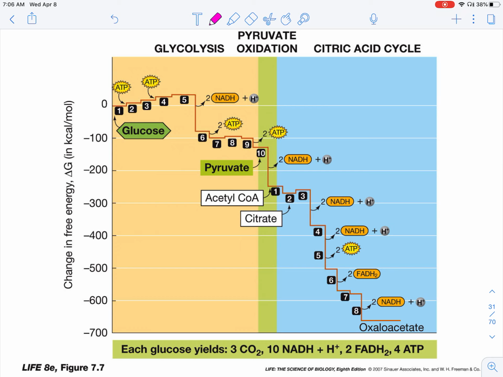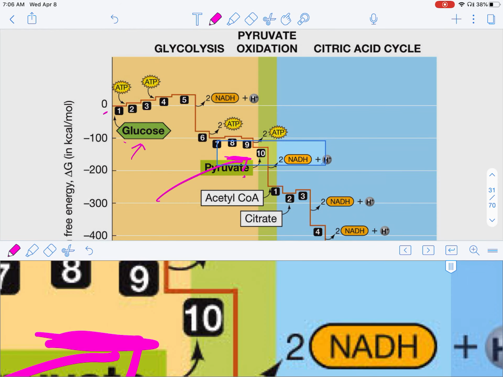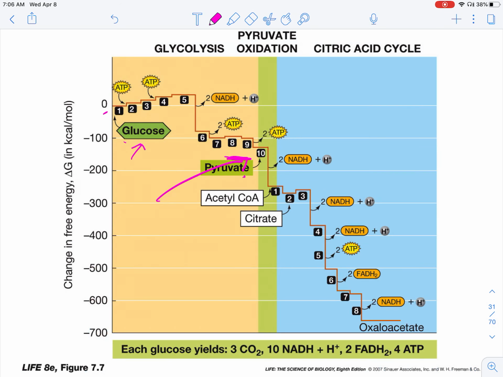And if we look at our Gibbs free energy here, we can see this is where we were with glycolysis. So we started with glucose, which is up here, just normalized to zero. We pulled out some of the potential energy of that glucose to form pyruvate. Pyruvate is of lower energy than that glucose.